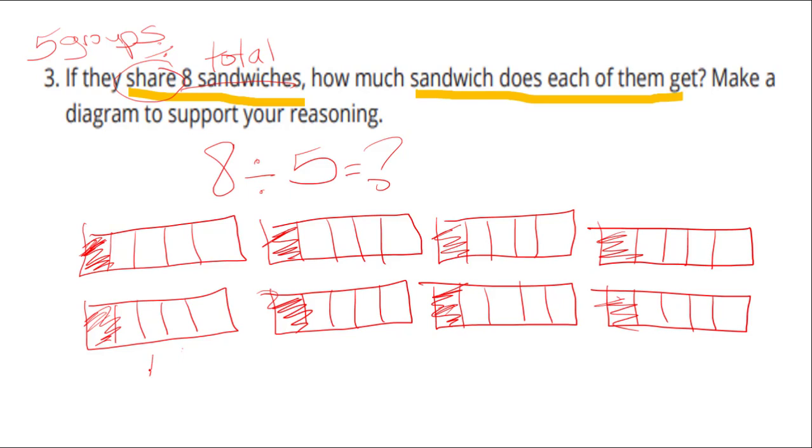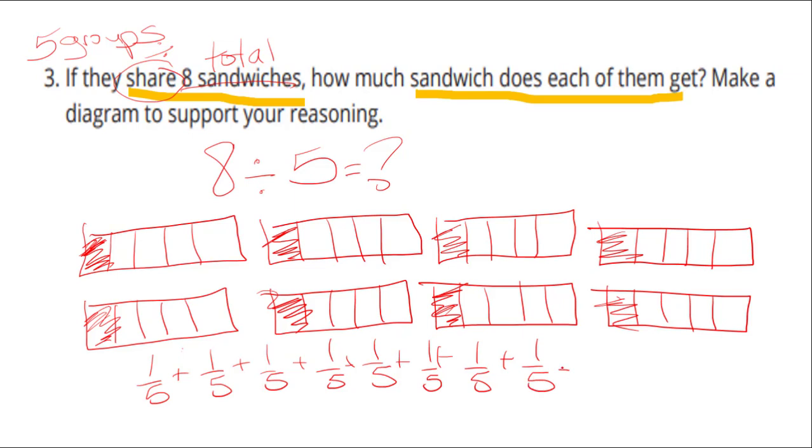So he has 1/5 out of the first one, 1/5 out of the second, 1/5 out of the third, 1/5 out of the fourth, 1/5 out of the fifth, 1/5 out of the sixth, 1/5 out of the seventh, and 1/5 out of the eighth. So that means that he is getting to eat 8 pieces out of sandwiches with 5 pieces.